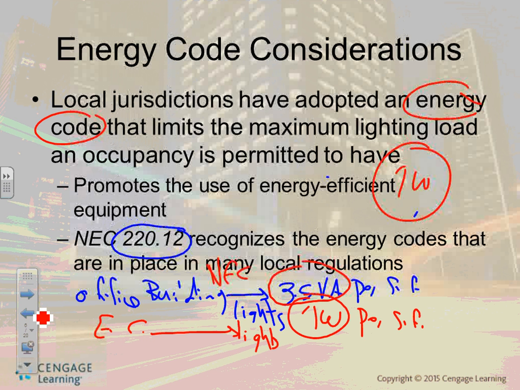If you size based on 1 watt, the size of your panel will be a 100 amp panel. Now, Brandon, if I say 100 amp panel, you can tell me how much circuit and conductors and wires are going to be needed for a 100 amp panel. This size is based on the energy code.